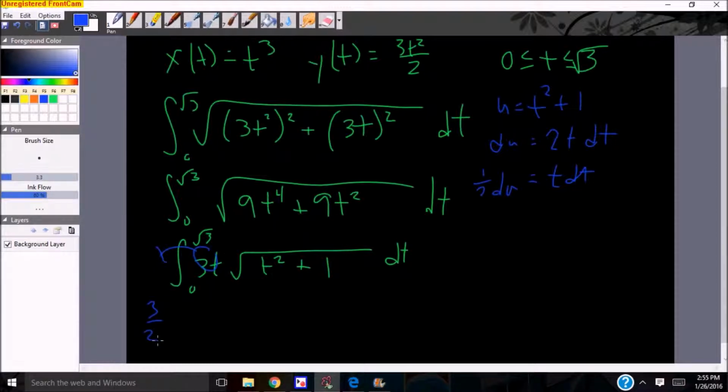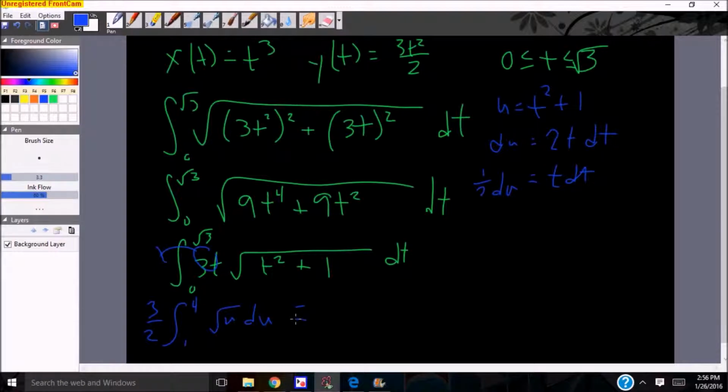Then I'm going to start my substitution. So I have 3/2 times the integral from when I put 0 into my u equation I get 1, and I'm going to put root 3 into there, I get 4. And I'm going to end up with the square root of u du.